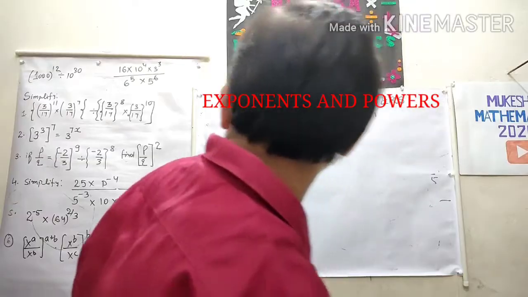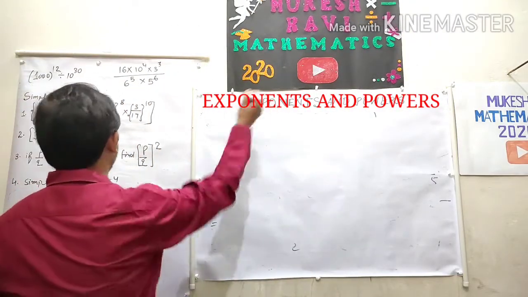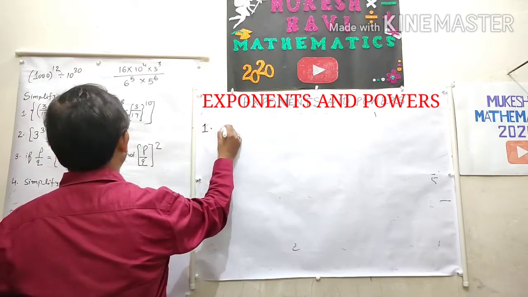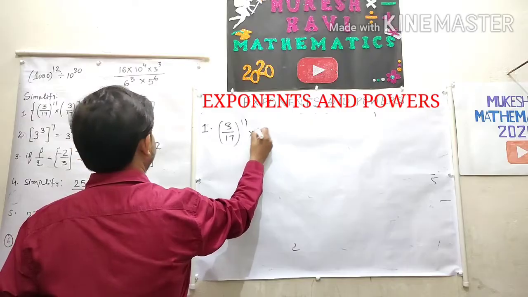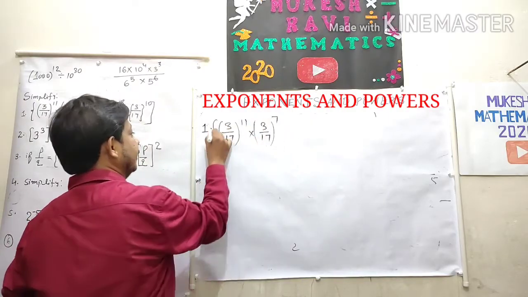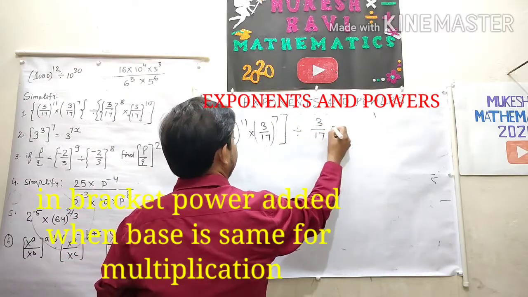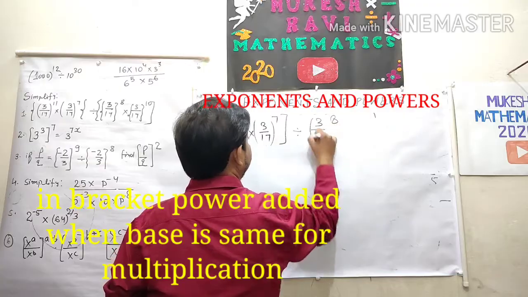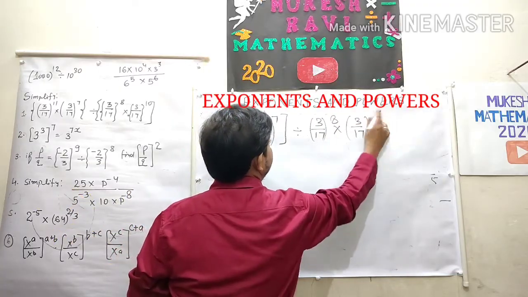Now coming to some questions. I have already written here, simplify. One question: (3 by 17 to the power 11 multiplied by 3 by 17 to the power 7) divided by (3 by 17 to the power 8 multiplied by 3 by 17 to the power 10).